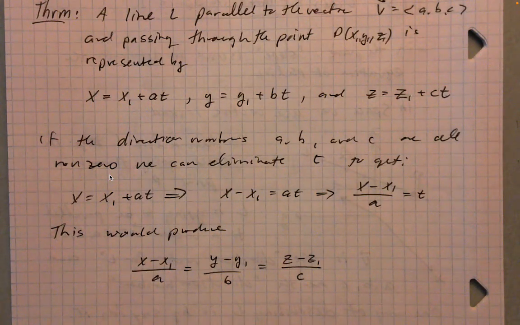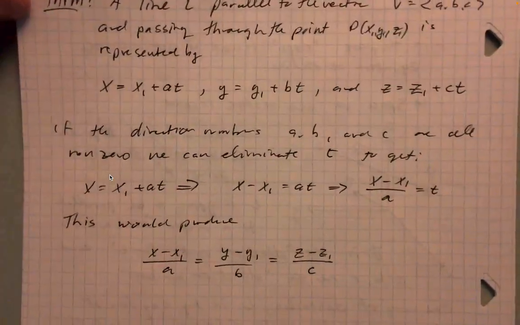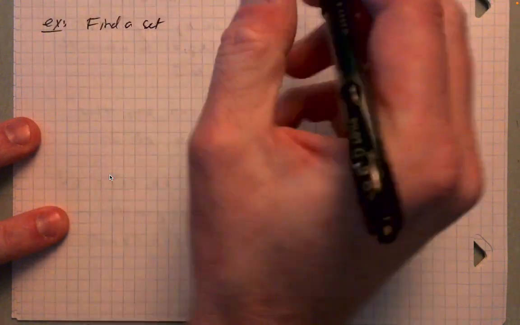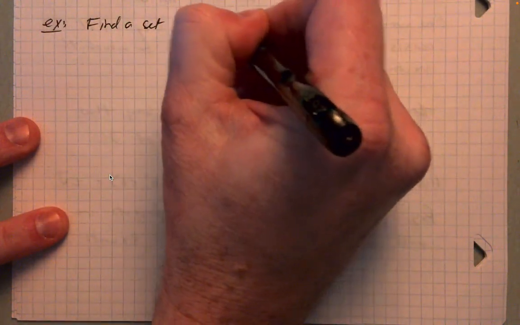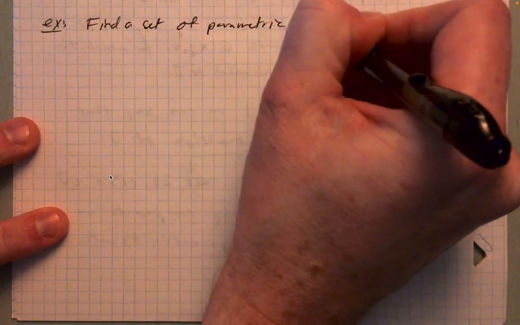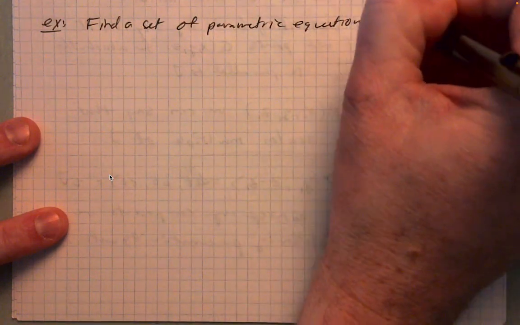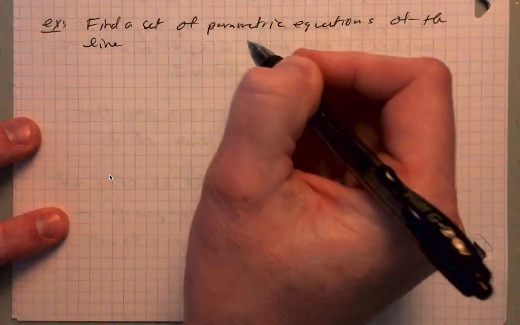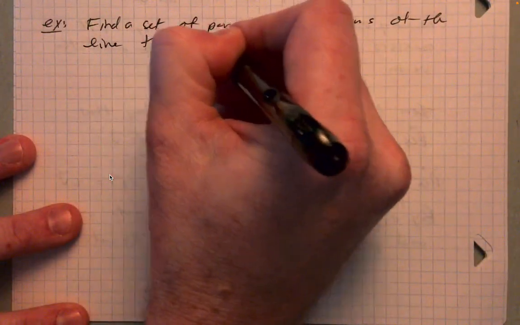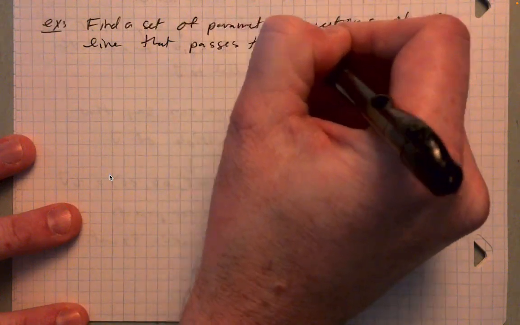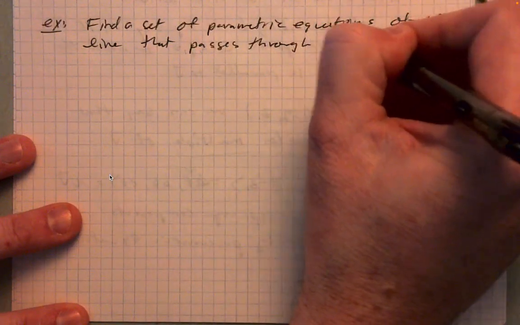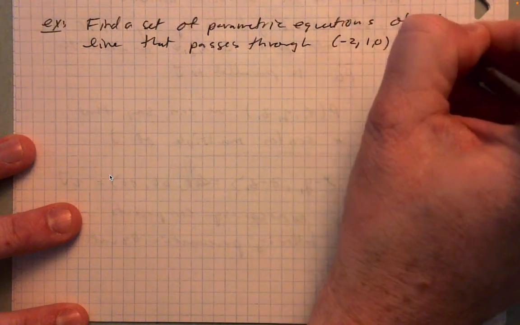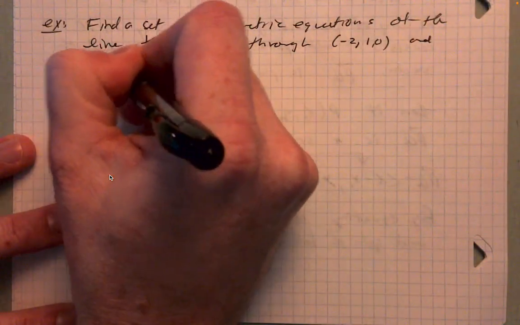All right, very good. Let's do an example and see how this can work in practice. We want to find a set of parametric equations of the line that passes through the points -2, 1, 0 and 1, 3, 5.